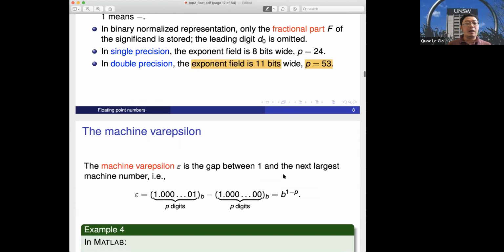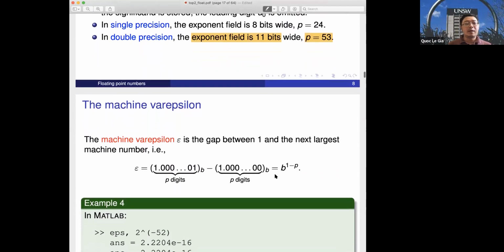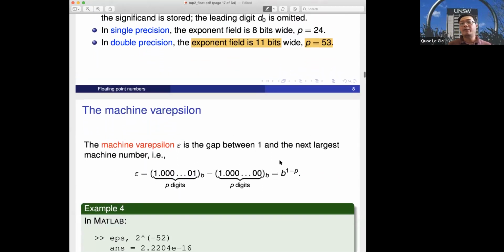Okay, and now we will see that in MATLAB. Well, before I go to MATLAB, let me explain one last definition. Actually, I shouldn't say that E min is minus 1024 and E max is 1024. Roughly, if we use the 11 bits, but they have some special cases.